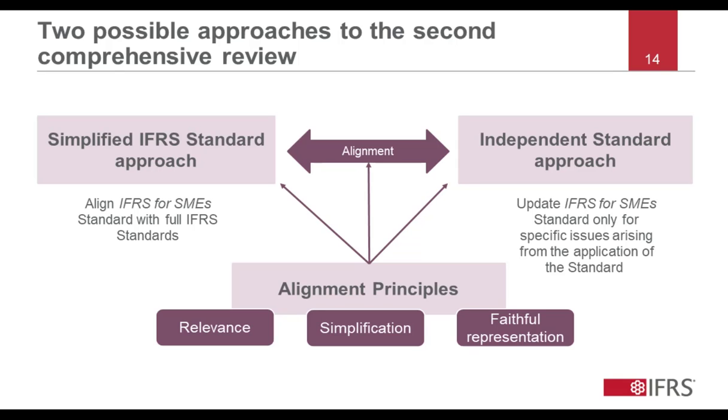So talking about each of these in turn, the first one, relevance. The board needs to consider whether or not a particular change to full IFRS is applicable to IFRS for SMEs and whether the costs of implementing that change at an SME level are justified by the benefits that the entity would get. A good example of applying this test would be the expected credit loss model in IFRS 9.